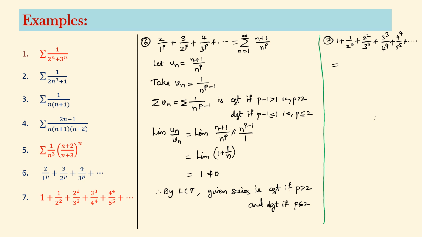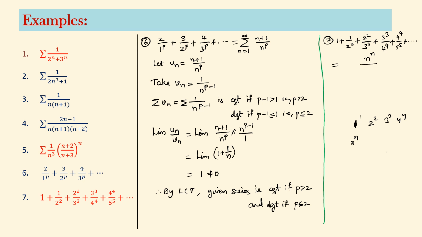So this can be written as, if you observe the numerators, we have 1 power 1, 2 power 2, 3 power 3, 4 power 4. So it starts with 1, so we'll write 1 power 1, n power n. So the numerator is n power n.